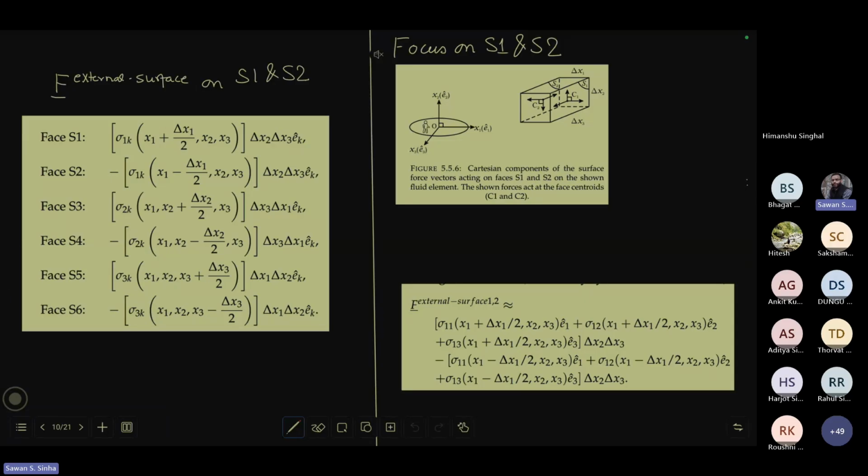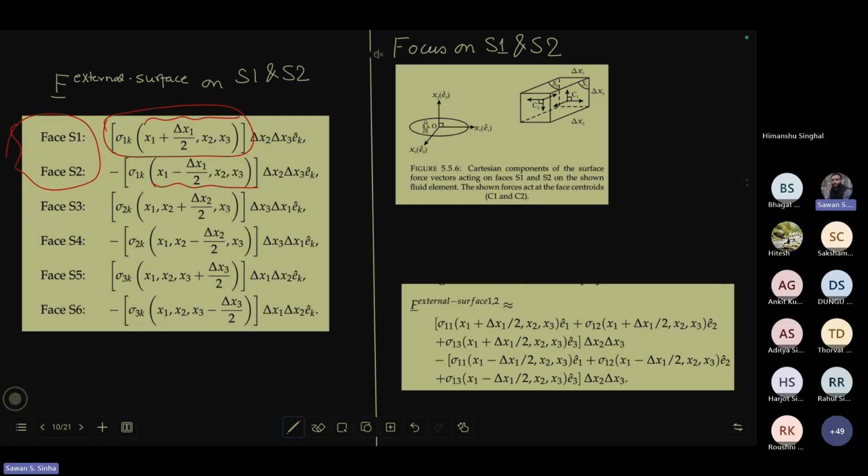Now I have to simplify the expressions. Here it is still in terms of these arguments. I want to simplify the algebra. Let's focus on phase 1 and phase 2. Let's consider surfaces in pairs, two surfaces at a time, because many things get cancelled out.